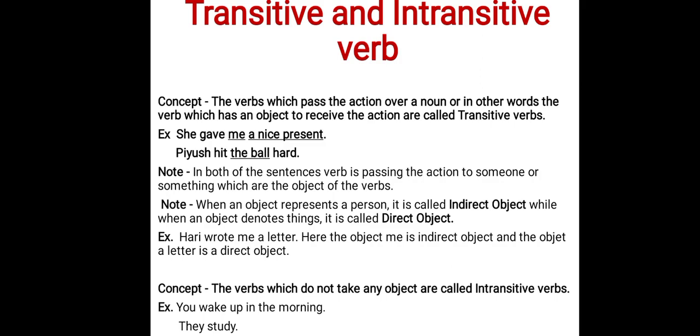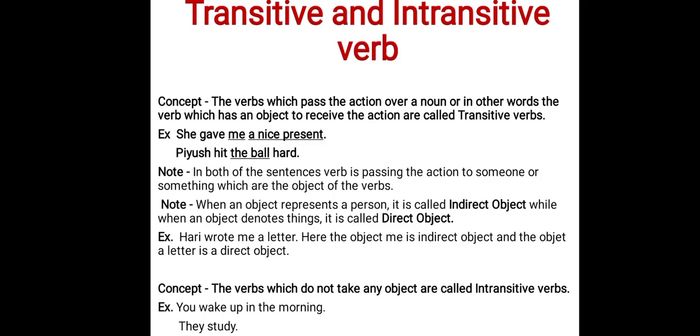There may be different examples of intransitive verb, such as, she is a girl. Here the verb is is. I have already taught you that a verb which denotes possession and state of being is always an intransitive verb. So is denotes a state of being, and that's why it is an intransitive verb.